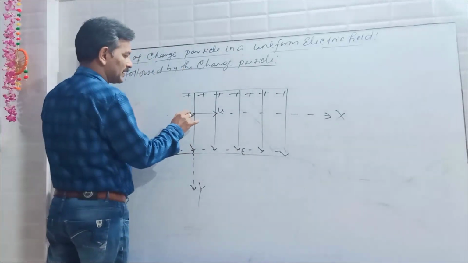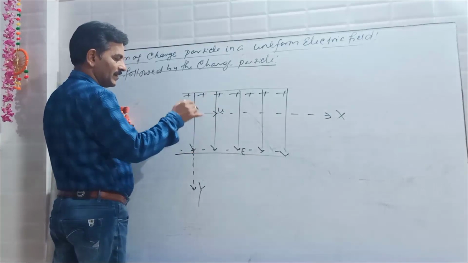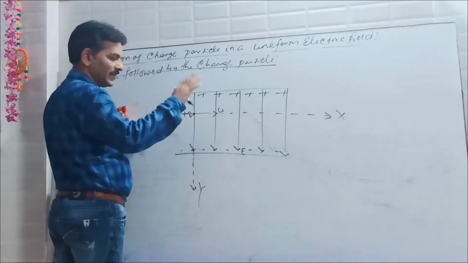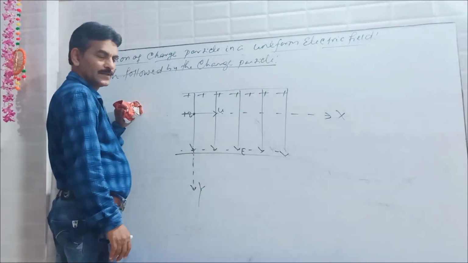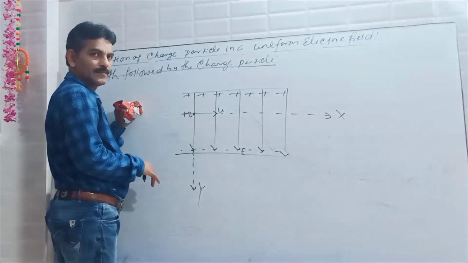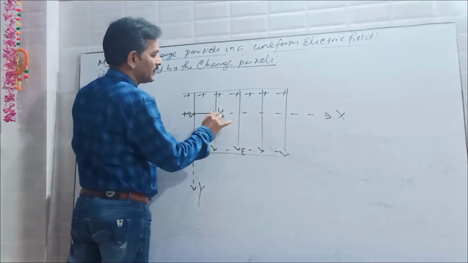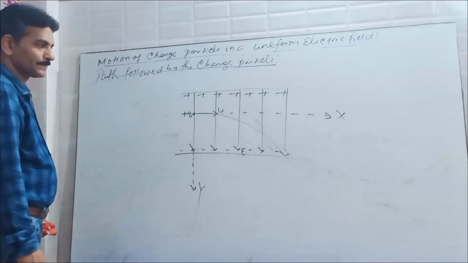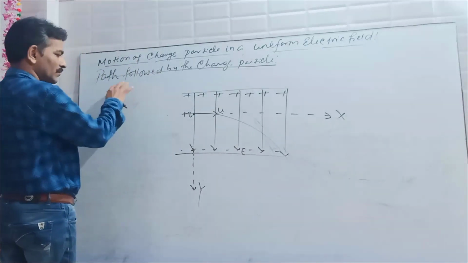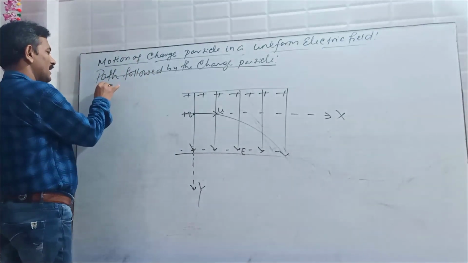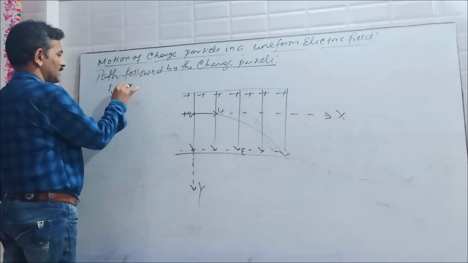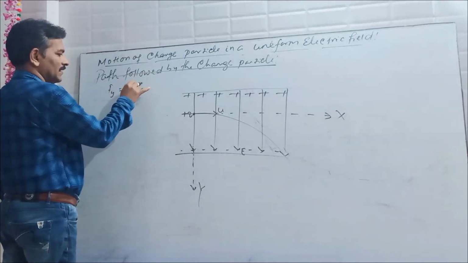As soon as the charge particle enters the uniform electric field, a force acts upon it along the y direction. So the path cannot be linear. So it will automatically be what? Parabolic. So you see, the force is along the y direction.